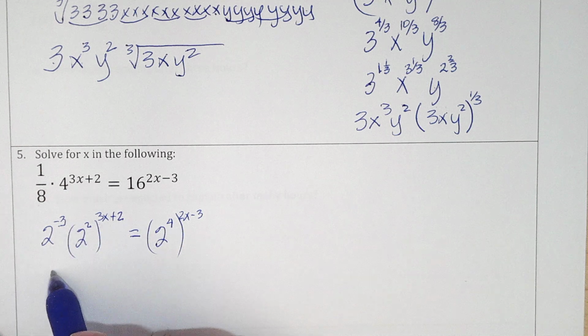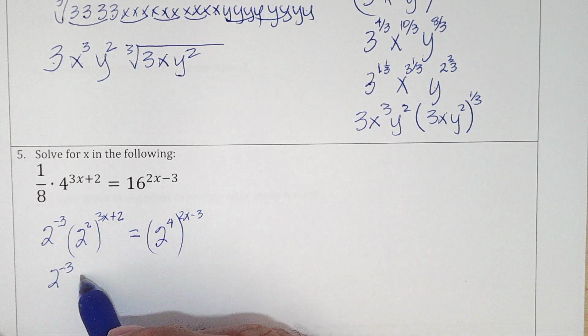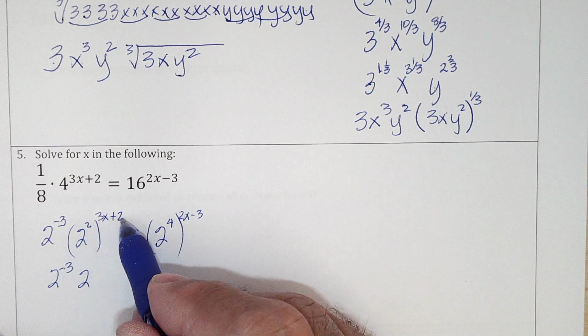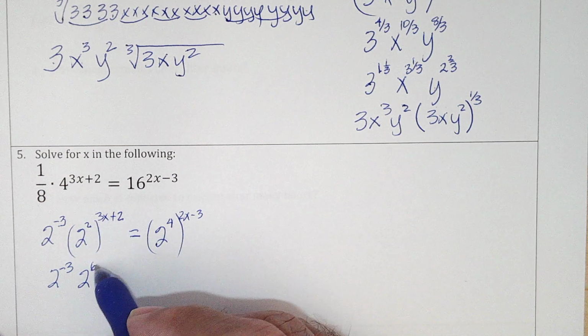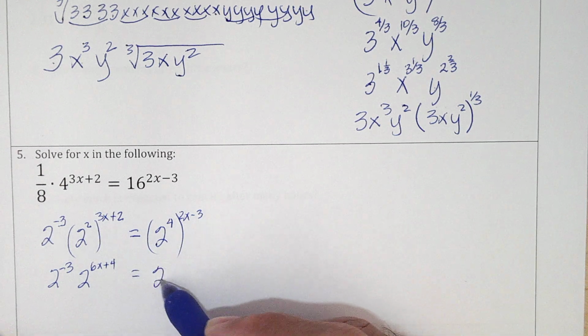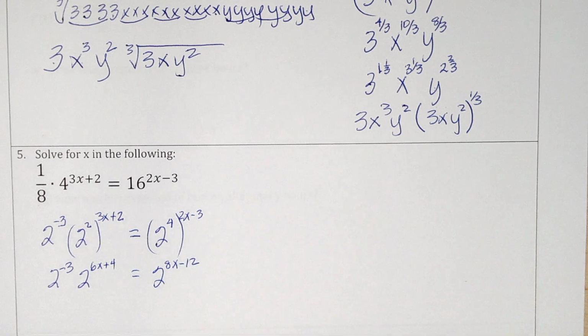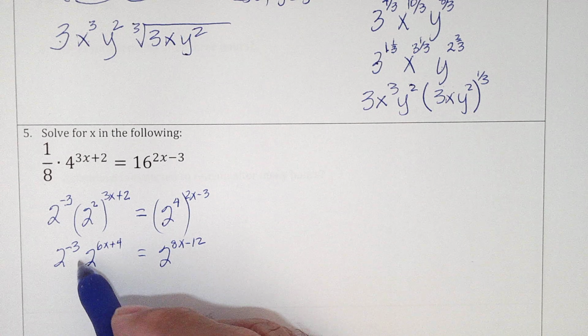So I've got 2 to the negative 3, 2 to the 6x plus 4, and 2 to the 8x minus 12. So here I add the powers because we're multiplying.